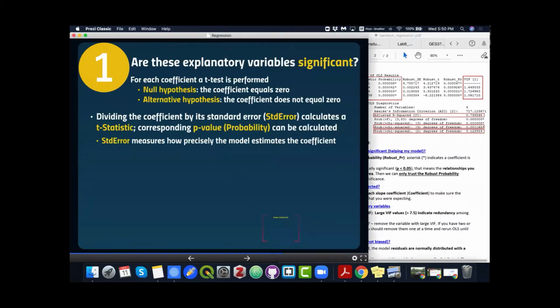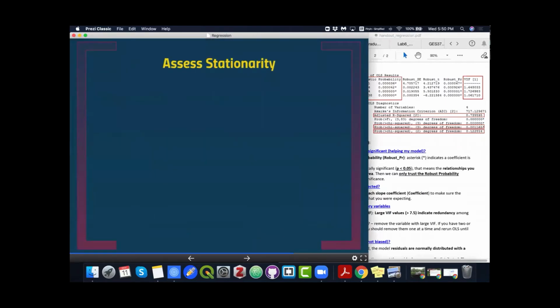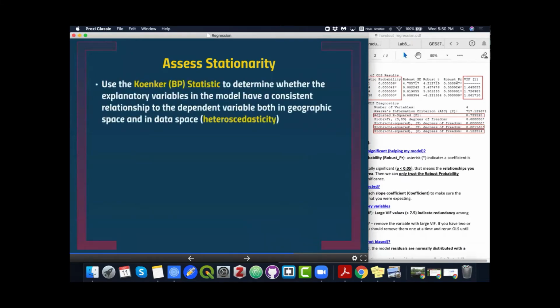But also, I want to mention another scenario. Since we're dealing with spatial data, there's a possibility that, like we talked about with Simpson's paradox, if you're looking at a subset of your data, the relationship can be reversed. So it's the same idea.